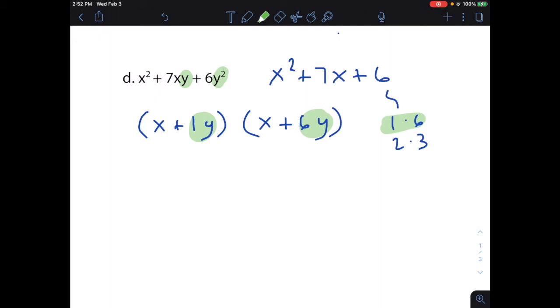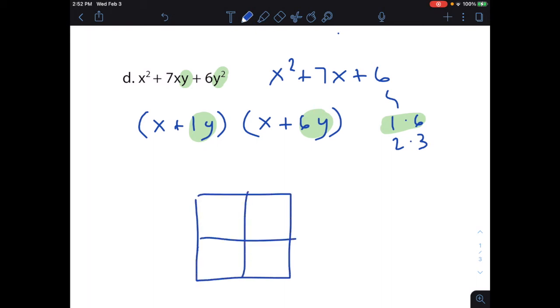Okay, one way you can kind of just double check this is if you just do the box method really quickly, and you do x and 1y, x and 6y, and you can kind of see what's going to happen. So we have x squared, we have 1xy. Okay, I put the x in between the 1 and the y because I like to put things in alphabetical order. And I'm going to do the same thing here, 6xy. And then we have the 6y squared.